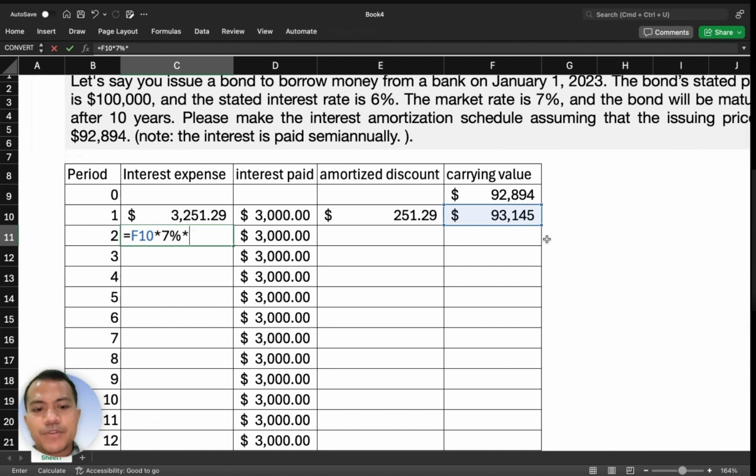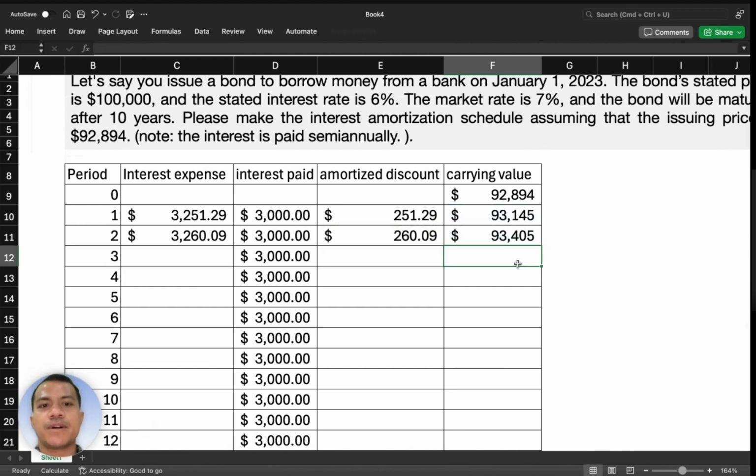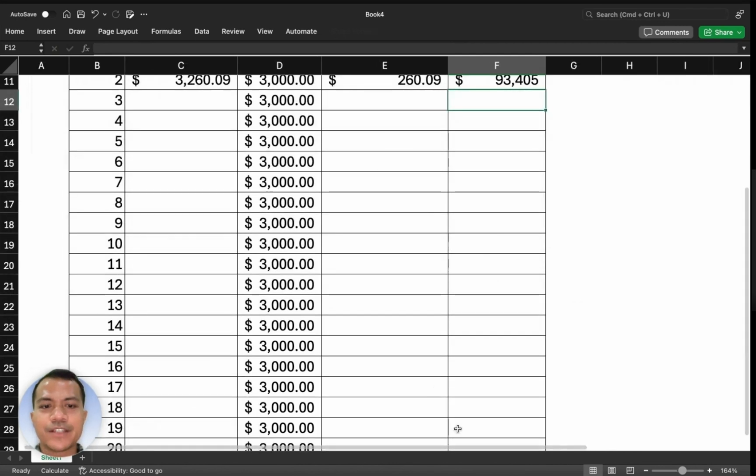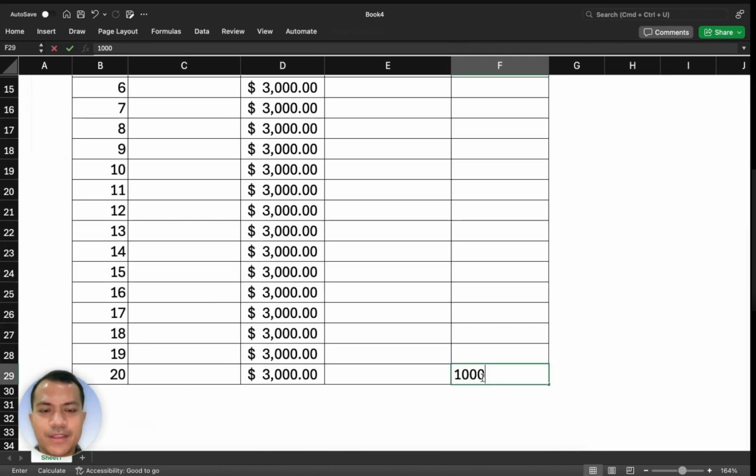And do not forget to multiply by half. Then again, you subtract them, and you add the result to 93,145. Then you get 93,405. If you do all the steps correctly, you're going to have 100,000 here at the end.